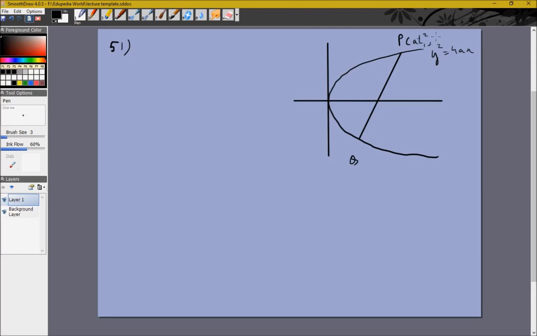So we'll say this is at1 squared comma 2at1, and this is at2 squared comma 2at2. We also know the tangent from a point represented by the parameter t is yt is equal to x plus at squared. So for these two equations, it would be yt1 equals x plus at1 squared and yt2 equals x plus at2 squared. We can solve these two.